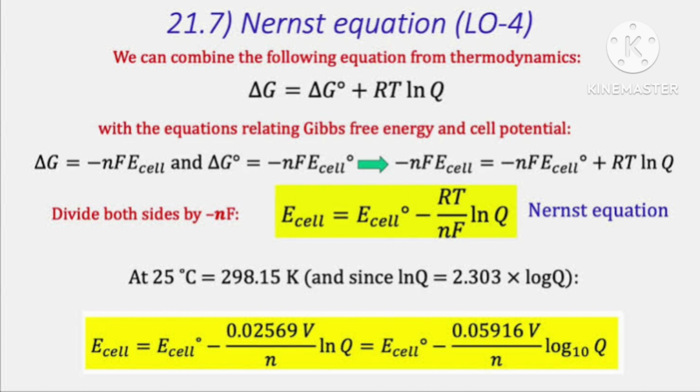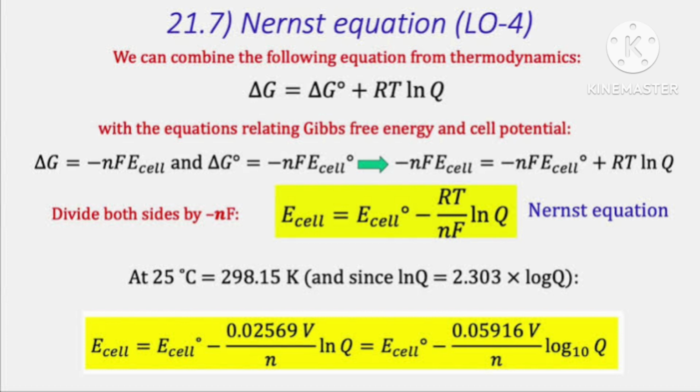Already I told you that Zn dissolves and Zn ion concentration increases, while the concentration of cupric ion keeps on decreasing, because cupric ion is converted into copper metal and sticks to the copper rod.